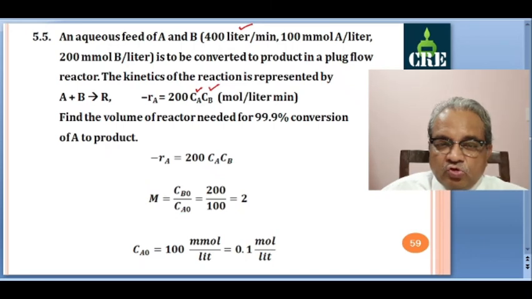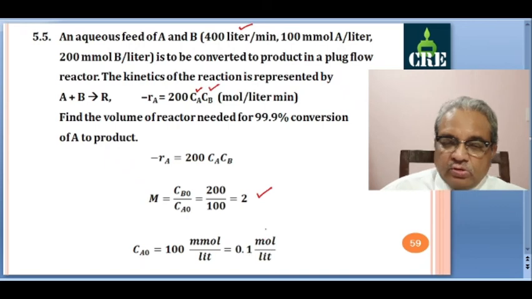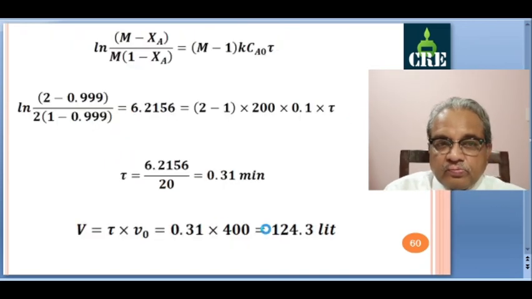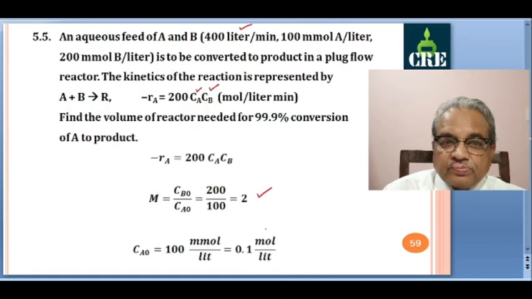M is Cb0 by Ca0, that is 200 by 100, which is 2. Ca0 is 100 millimoles of A per liter, so we convert that into moles per liter. So it becomes 0.1 moles per liter. We know M is equal to 2.